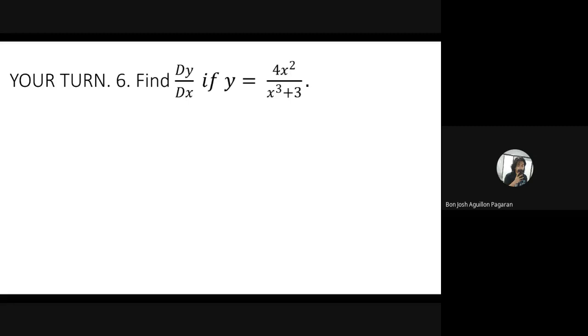From Cedric, negative, dalawa na pala to. From Bon muna. Negative 4x to the fourth plus 24x all over x plus 3, x cubed plus 3 quantity squared. Okay, from sino to? Cedric, the same with Bon.